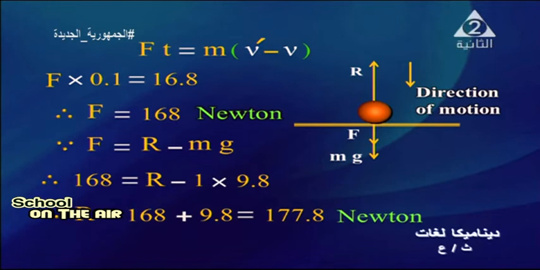Then the reaction of the ground on the ball equals 177.8 Newton in the case of the ball reaching the ground. But if the ball reached the ceiling of the room, in this case R plus mg equals F. But in case the ball hits a vertical wall, then F equals R.